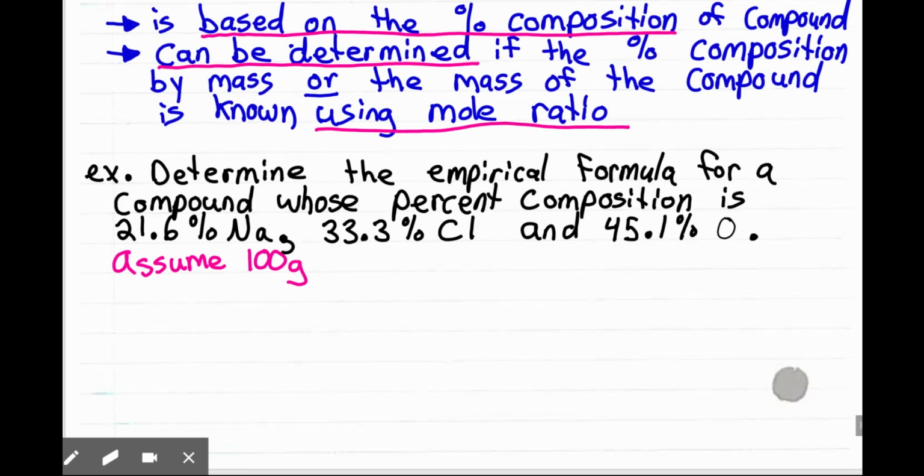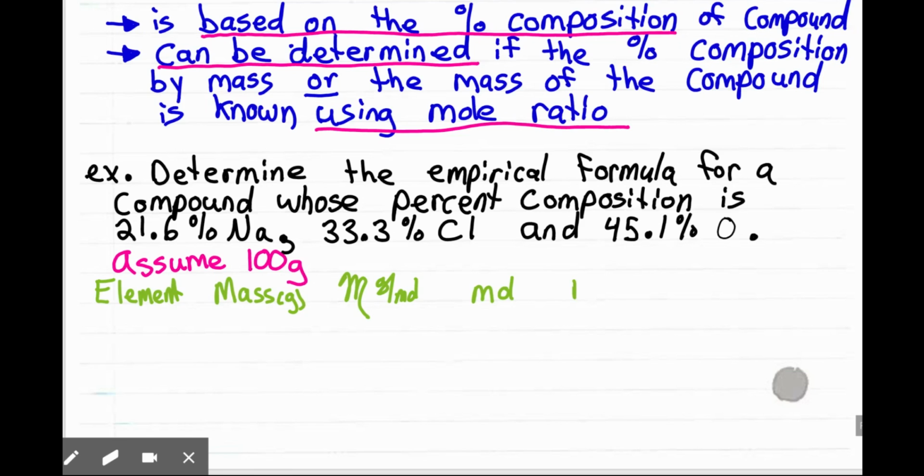So I'm going to set up a chart, and I'm going to write element. I'm going to put mass here with my units. I'm going to put molar mass here in my units, grams per mole. I'm going to put moles here. I don't need a unit because the unit for mole is mole.